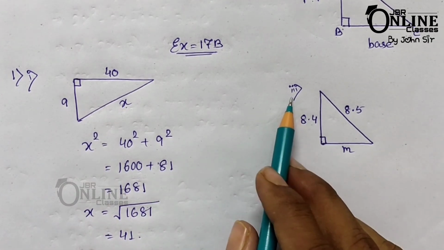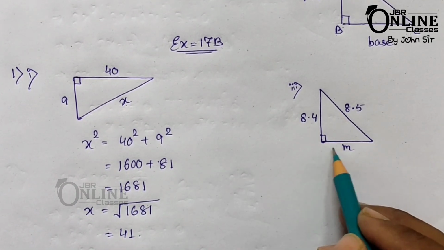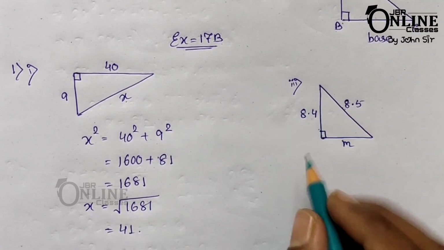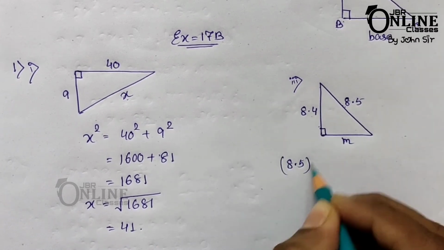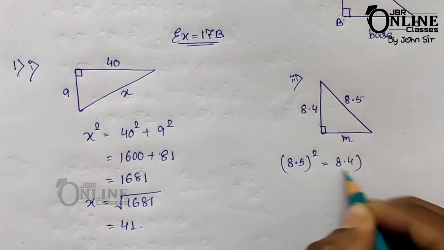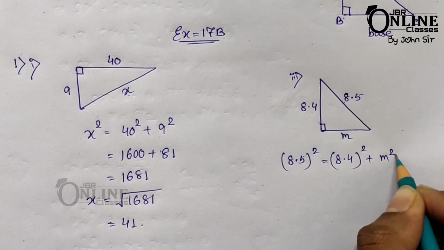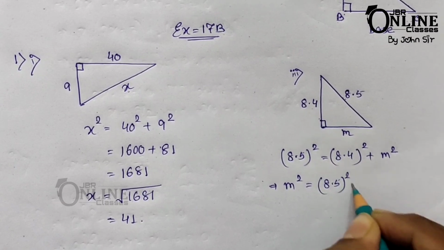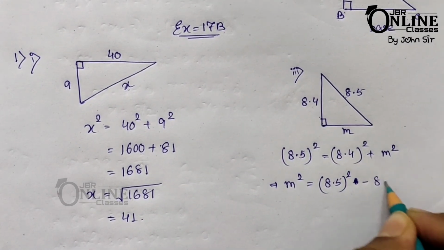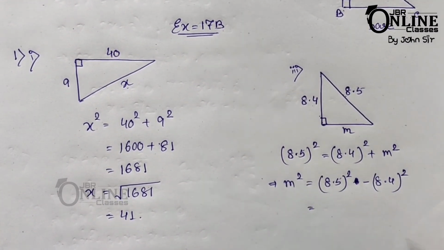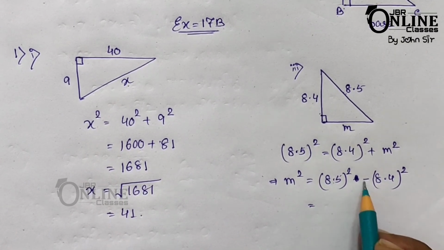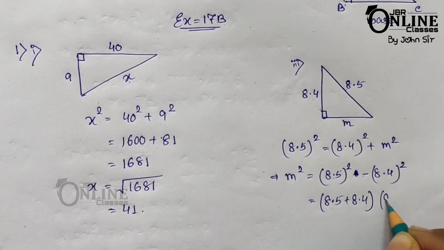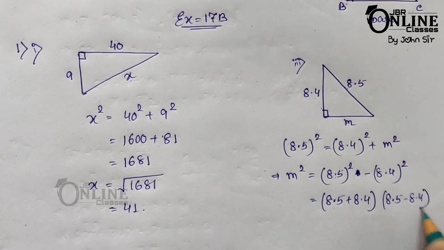Okay, now sum number 3. Here in this triangle, M is the base, that one is the perpendicular, and this one is hypotenuse. So according to the problem, hypotenuse square equal to perpendicular square plus base square. So that means M square equal to 8.5 square minus 8.4 square. Okay, so here you can apply the a square minus b square formula, that means a plus b, and the second one a minus b.